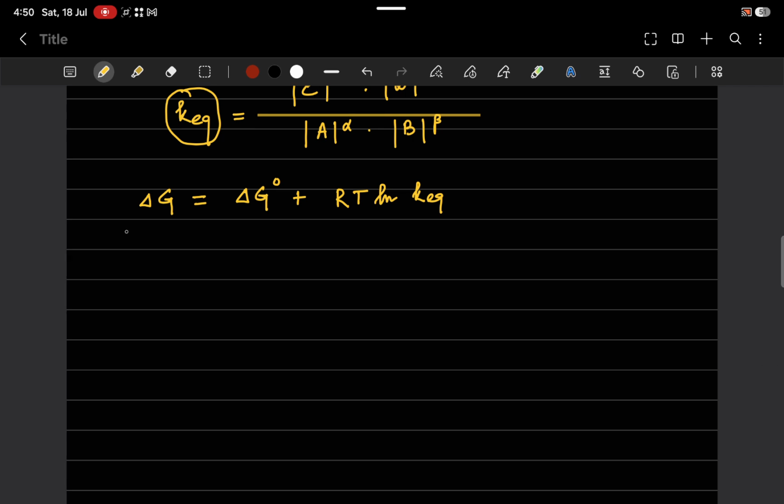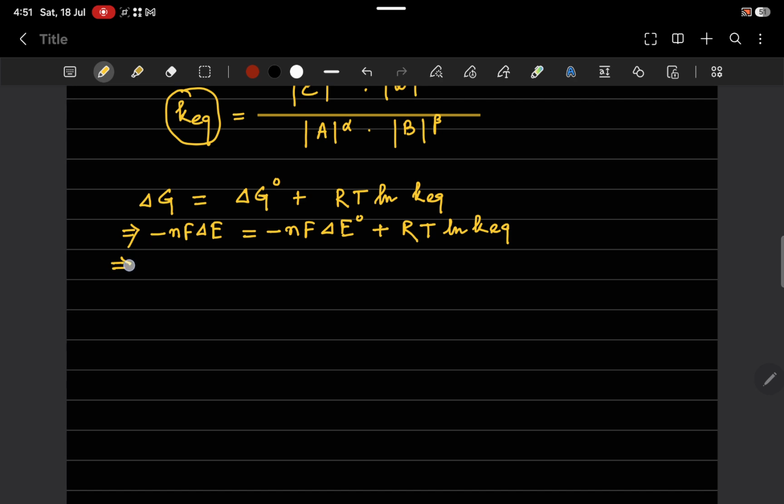In place of delta G you can write minus nF delta E, and delta G0 you can write minus nF delta E0, plus RT ln K equilibrium.